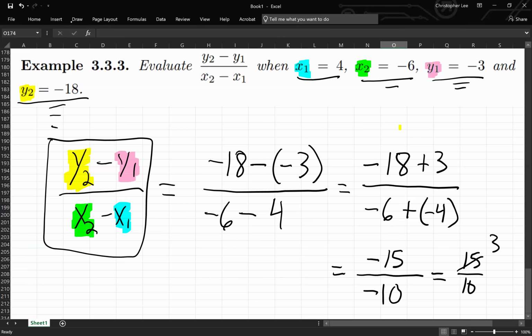Good. How many times does 5 go into 10? Good. So the final answer is 3 over 2. And that's it. All right. Questions on this? All we're doing is just plugging in the numbers, a little bit of math, boom, boom, boom, and then we got our answer. No questions?